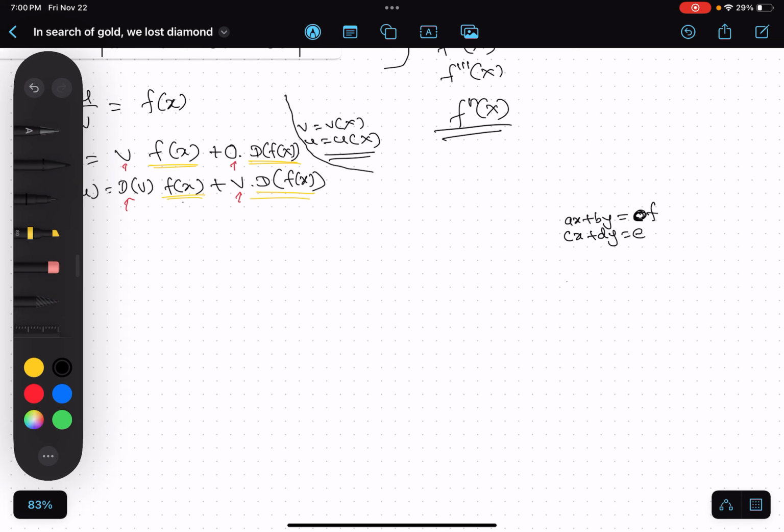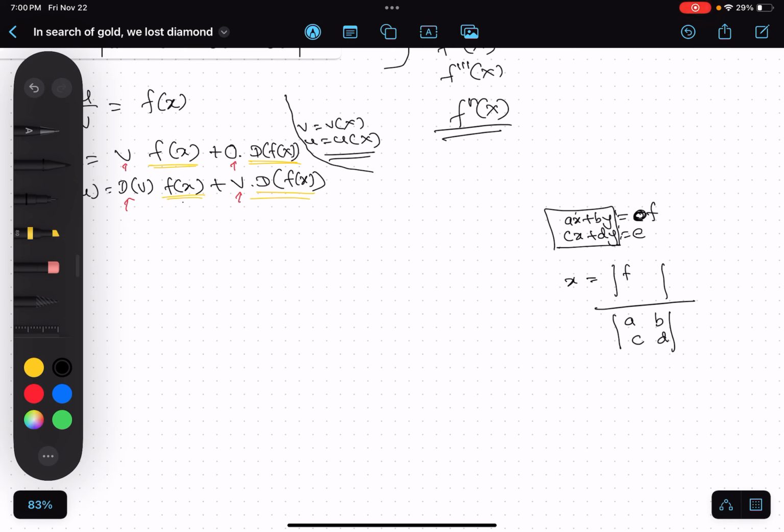The solution for x will basically just be a determinant, where first of all the denominator will just be the determinant of the coefficients, which is a c b d, and in the numerator we will have the column where there is x replaced by f e.